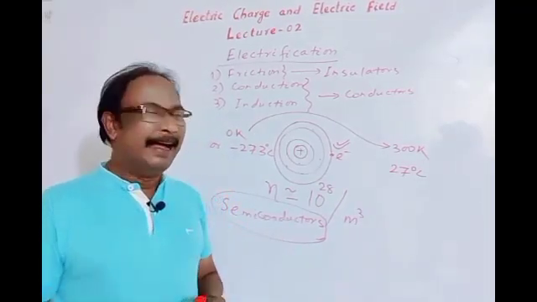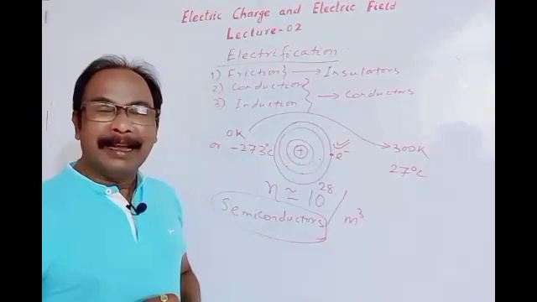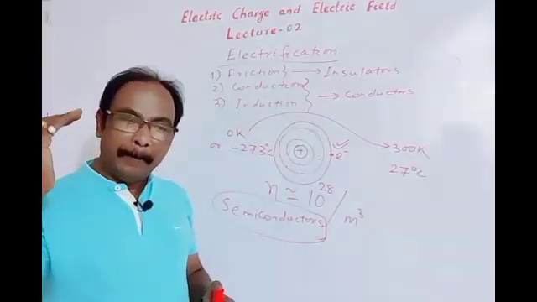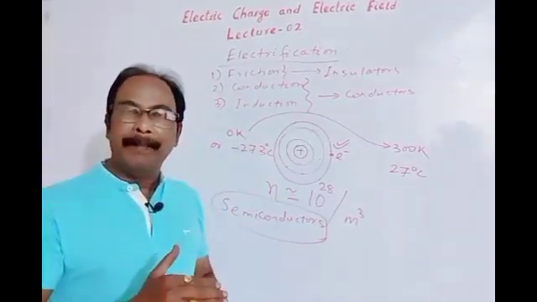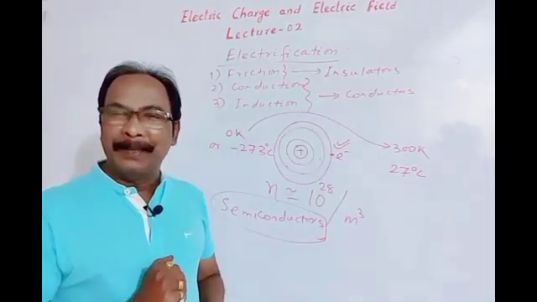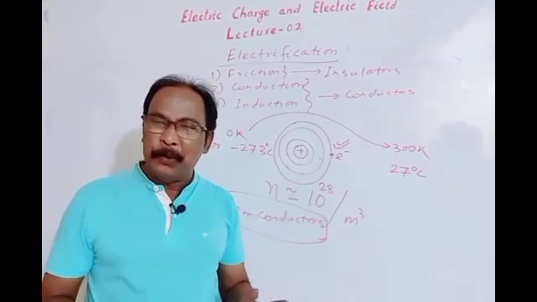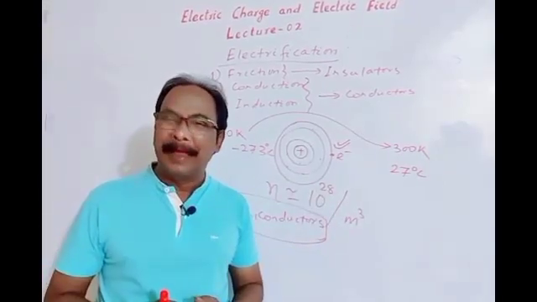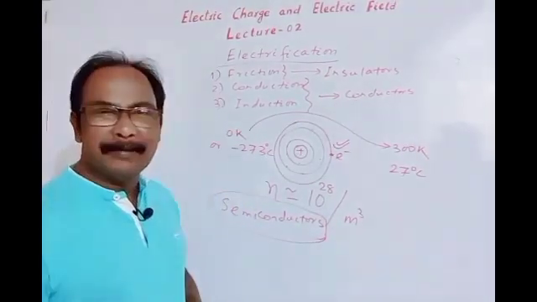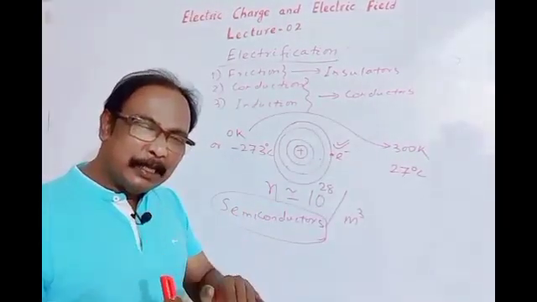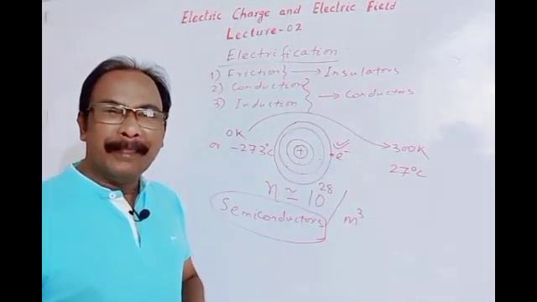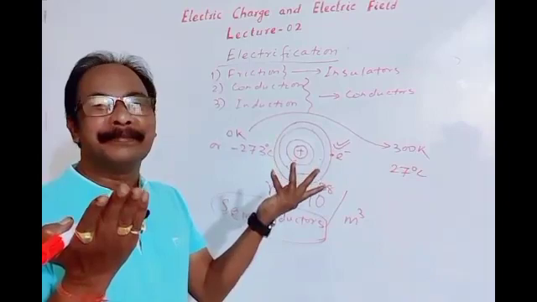The conductivity of silver is more as compared to copper, but we use copper in our usual household wiring. For insulators, conductivity is low and resistivity is high.